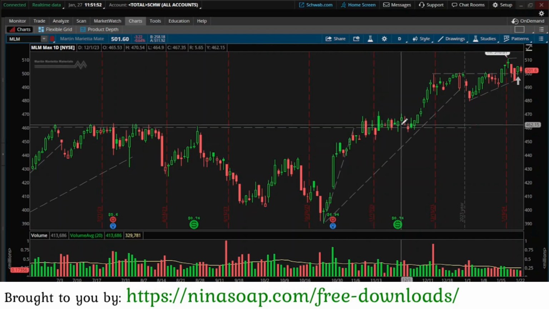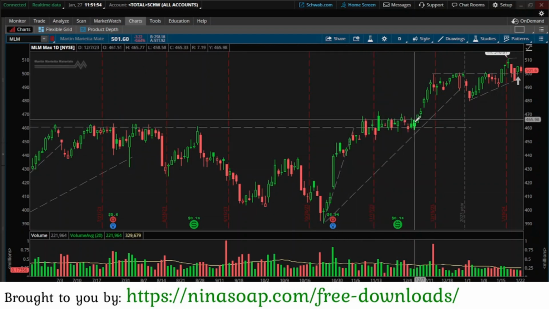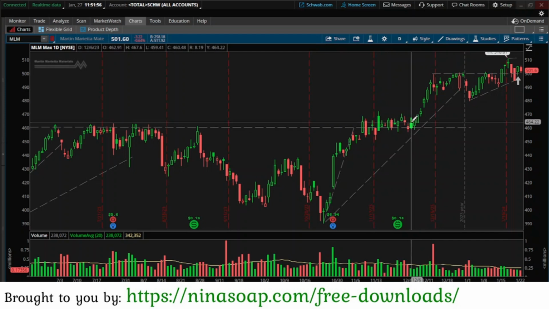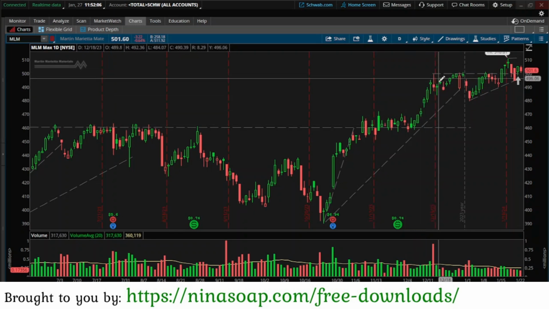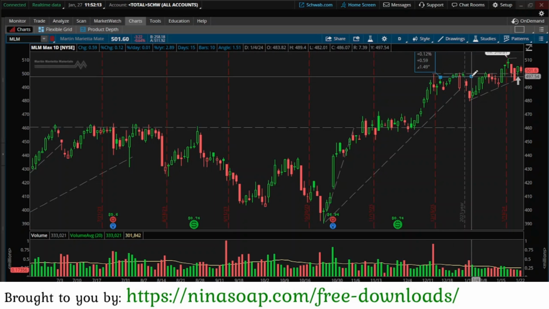The best place we could have purchased it the first time would be the green bar while it was consolidating. Then it went up and reached this resistance line. That was the line there. It went back down, went up, went back down. So this is another resistance line.